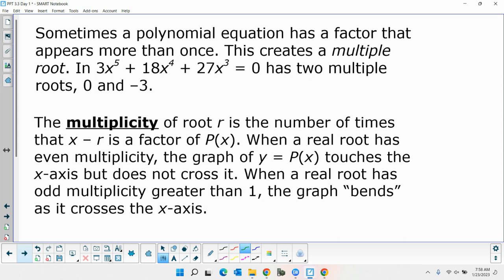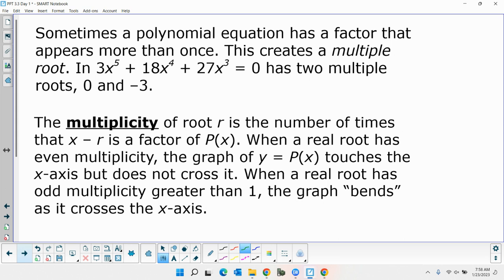When we looked last week, we had something in parentheses to an even power. We said it bounced, right? And then something to an odd power, we said cross, remember? Well, that's what it's talking about, all right?